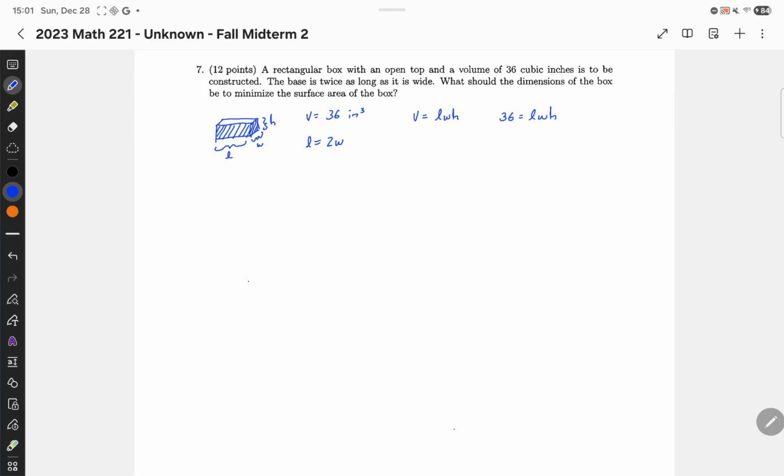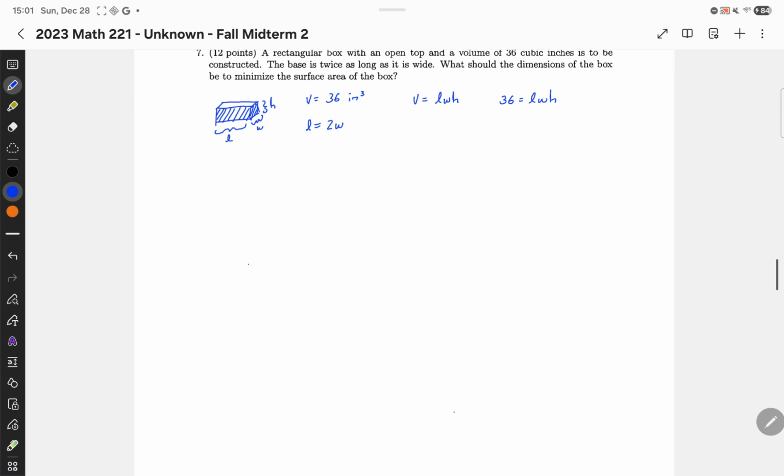And now the last thing we're going to need is to write out an equation for our surface area. So let's call it S, because this is what we're trying to minimize. We know that the top is open, but of course the base isn't. So the area of the base is just going to be length times width for the area of that rectangle.